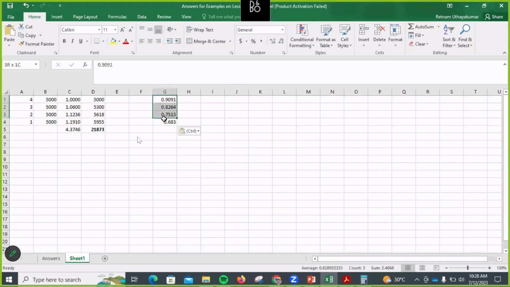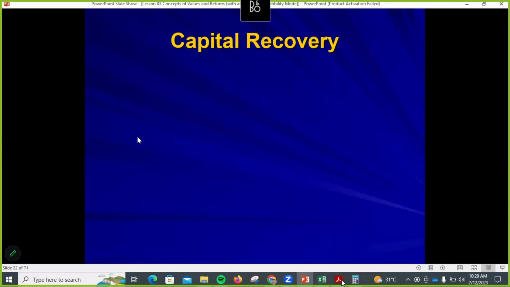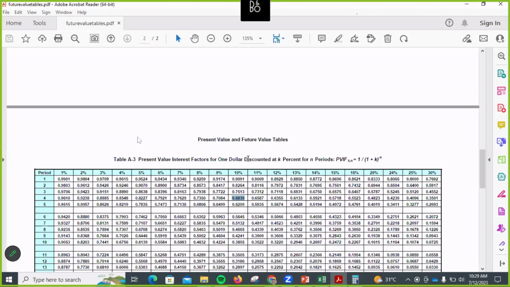So when you add all this, you get the value 3.1698. So that is available here.